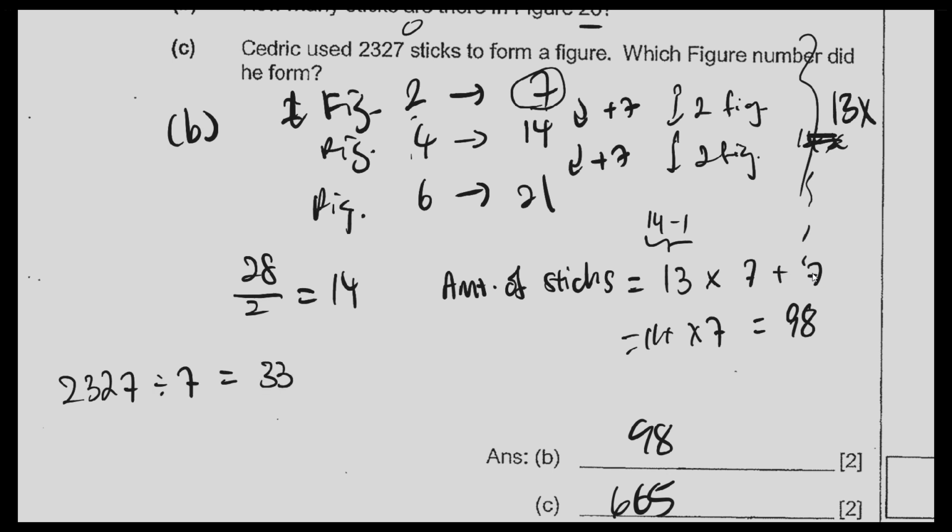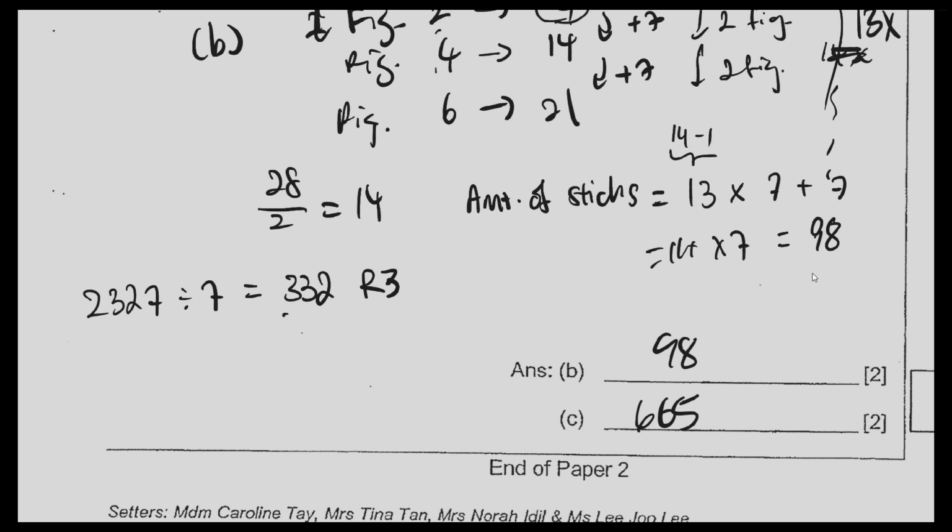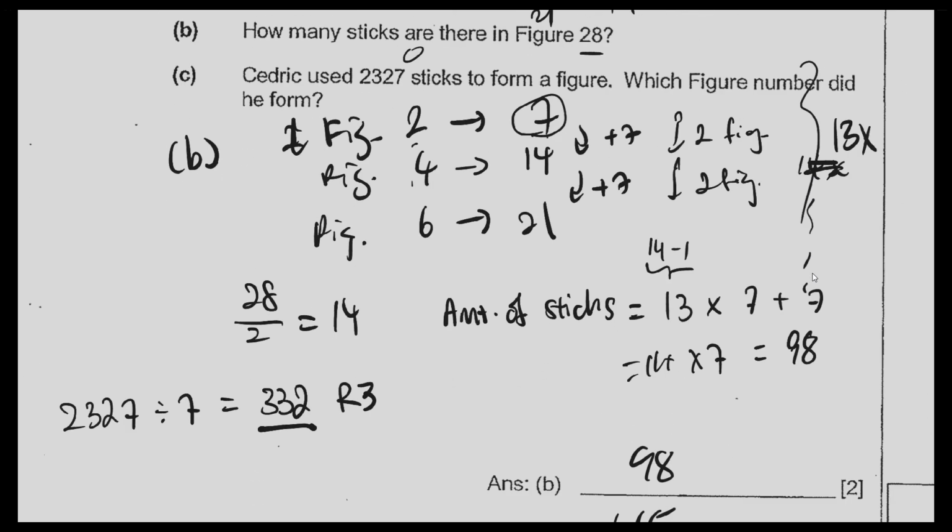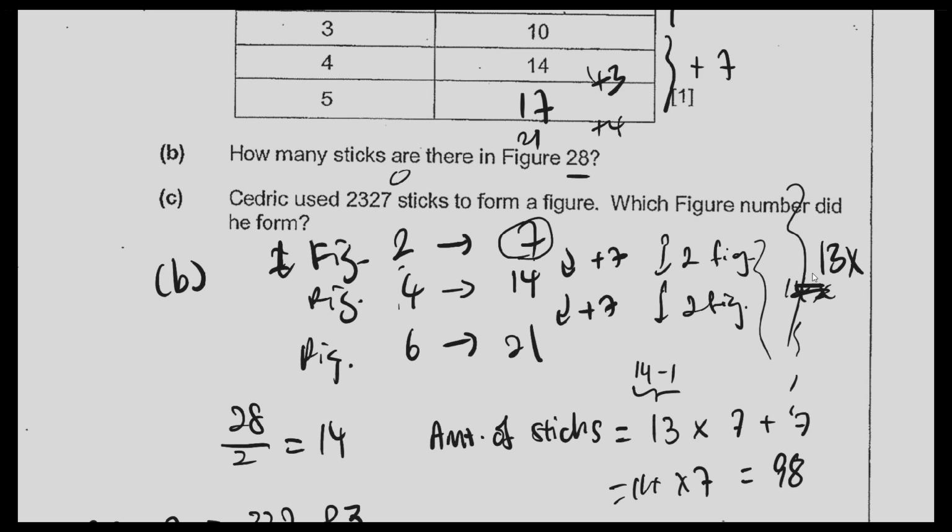We'll get 332 with a particular remainder. Right, so what is this remainder? It is 3.